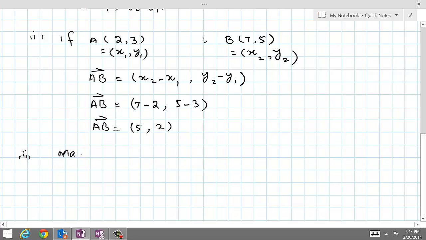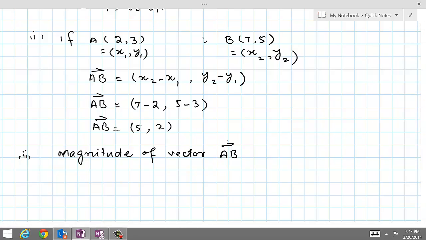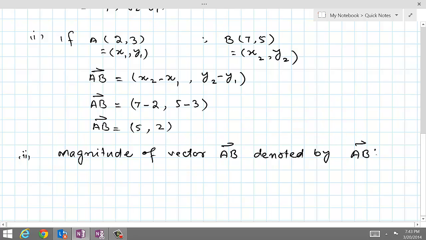Magnitude of vector AB, which is also called the displacement vector, and you can place half arrow or full arrow on the top of AB. We denote the magnitude by placing bars around the vector, which makes it a scalar quantity and doesn't require the direction.